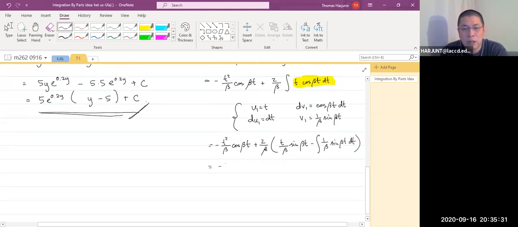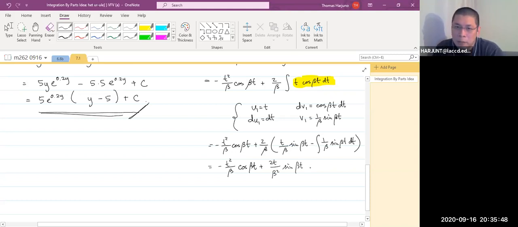This is negative t squared over beta cosine beta t plus 2t over beta squared sine beta t. I think that will be minus, let me just do the integration at the same time. That will be plus 2 over beta cubed cosine beta t plus constant.